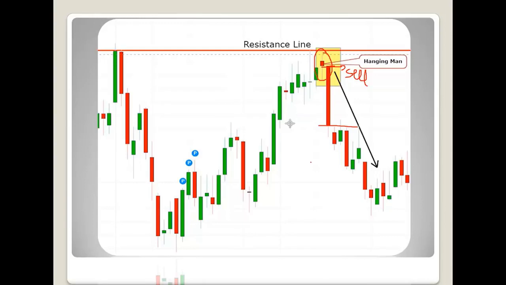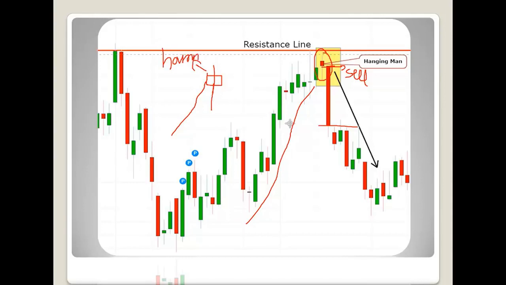Let's consider this scenario. Let's say the market was going up and you find a hammer here. Now consider this was not red but green. What happens is, we don't consider this because it is invalid. If you have an uptrend and you find a hammer at the uptrend, consider this as a hammer.